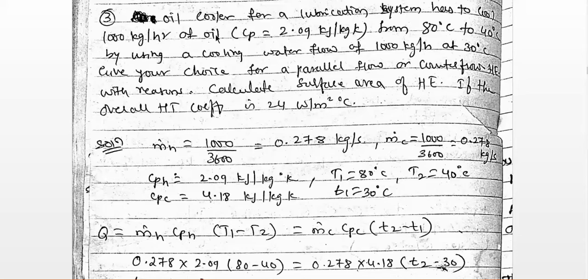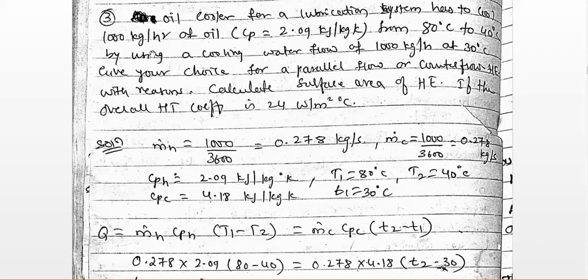Second, we need to convert the specific heat unit into joules per kg Kelvin. In the problem most of the time kilojoules will be given, so always develop a habit of converting specific heat into joules per kg Kelvin. So multiply this 2.09 by 1000 so that it is converted into joules per kg Kelvin.